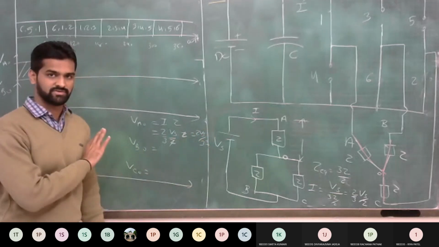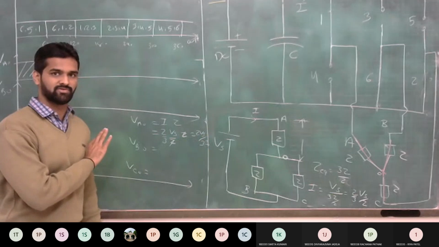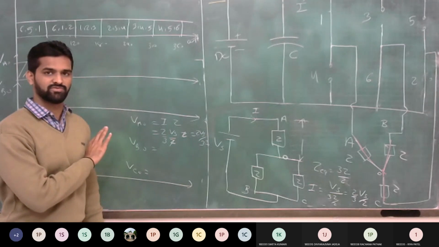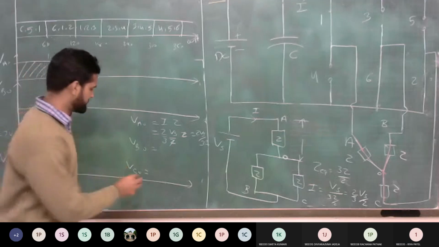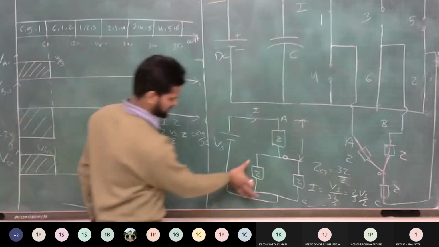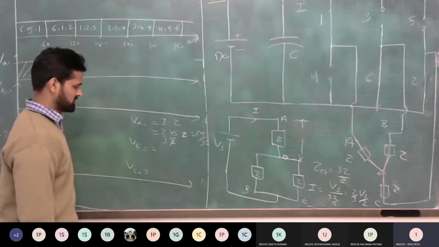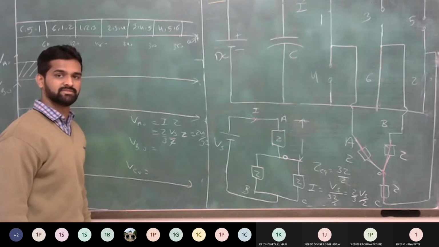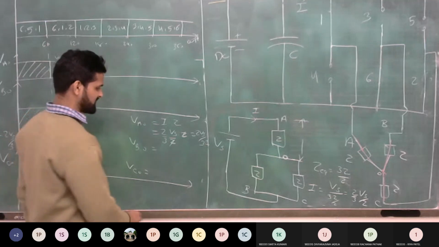Clear about this one? Is there a doubt? Okay, then VBO. What is VBO? Minus Vs by 3.